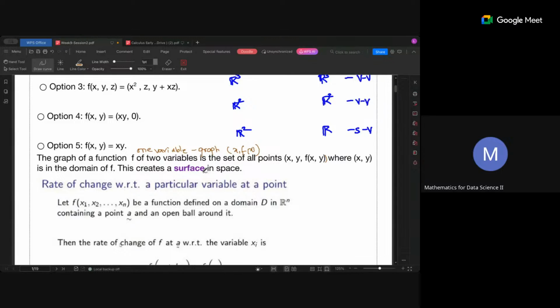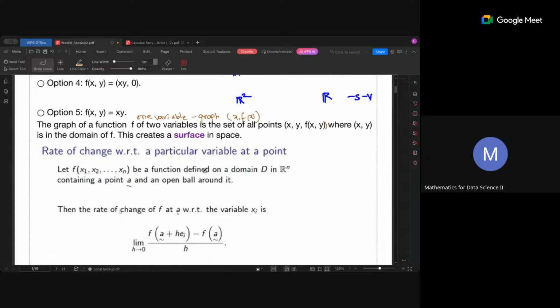In the very beginning of calculus, we start with the rate of change. Before that, of course, you see limits of a function, continuity and everything. Then the next thing you see is the rate of change with respect to a particular variable at a point.